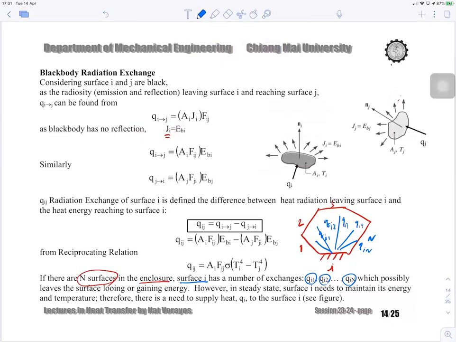Each radiation exchange can be positive or negative. Let's take a look at what positive and negative mean.